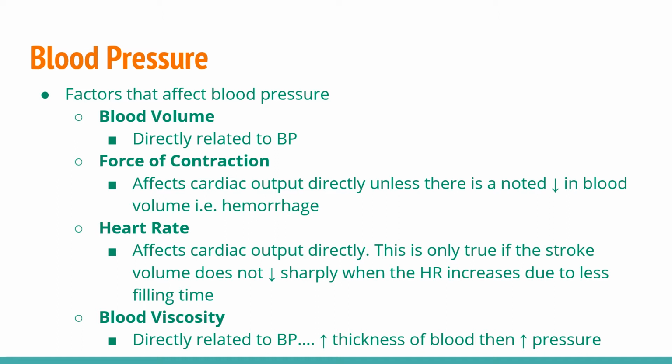So decreased blood volume equals decreased blood pressure, okay? But your body helps compensate. A strong heartbeat is going to hopefully increase your blood pressure, and heart rate also directly affects your cardiac output, okay?